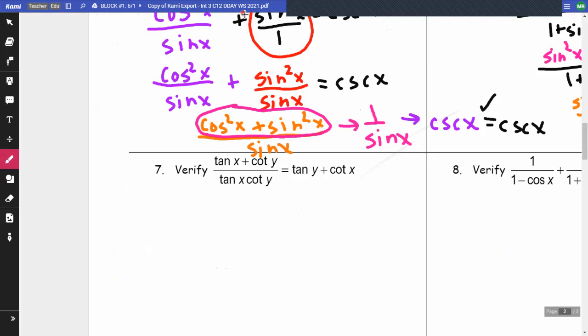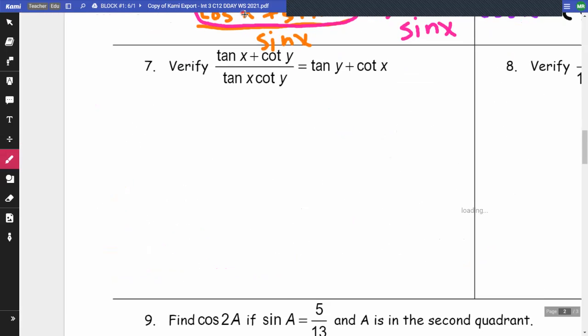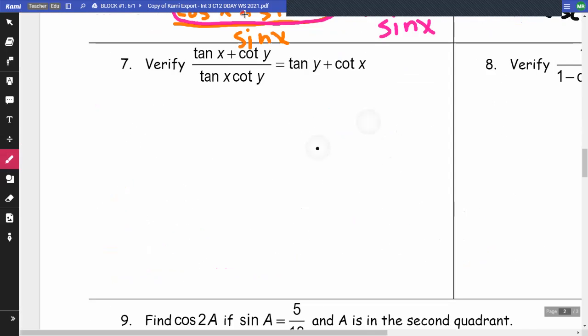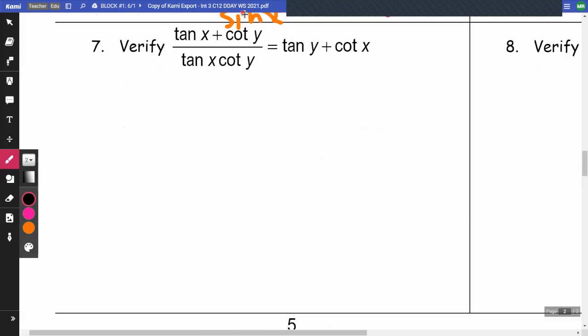Number 7. Okay, so on a problem like this, sometimes I change my tangents and cotangents to sines and cosines, but I noticed that I still have tangents and cotangents over here, but my tangents now have y, where on the other side they were x, and my cotangents now have x, where on the other side they had y.